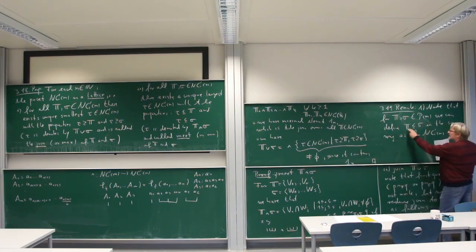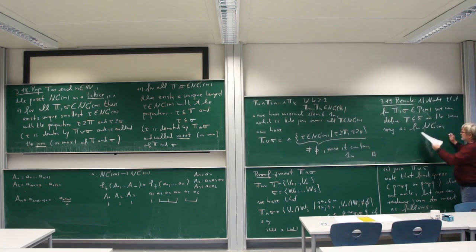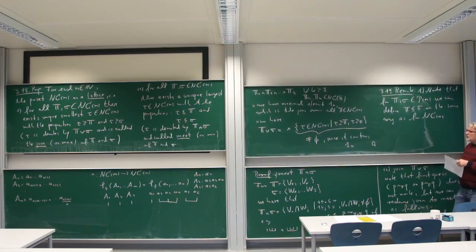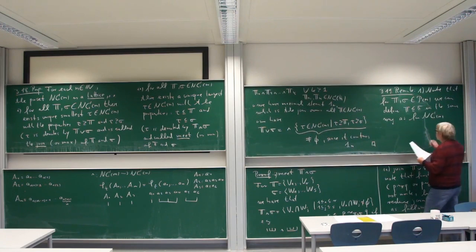So this just means that any block of pi must be fully contained in some block of sigma. Good. Okay, so this is also a poset, and in the same way you can ask the question whether it's a lattice, and actually it is also a lattice.